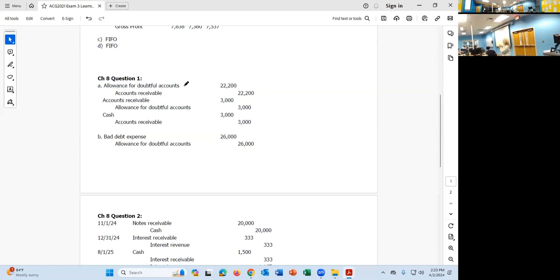We go, oops, we didn't need to write that off. Yay, they actually paid us and we didn't think they were going to. The write-off debited the allowance for doubtful accounts and credited accounts receivable, so the reversal does the opposite. It debits accounts receivable and credits the allowance for doubtful accounts.